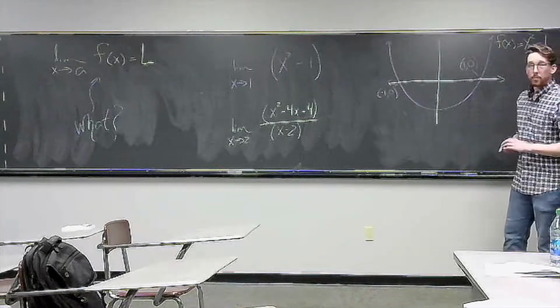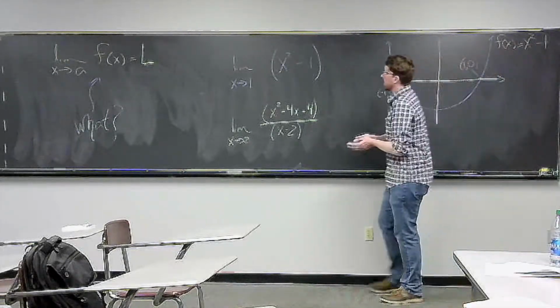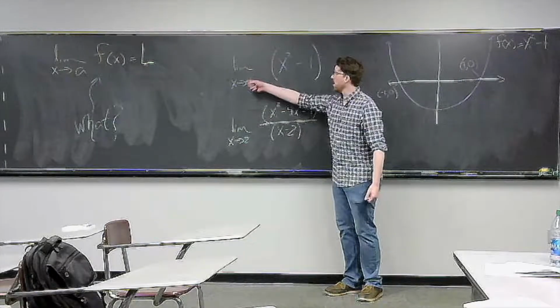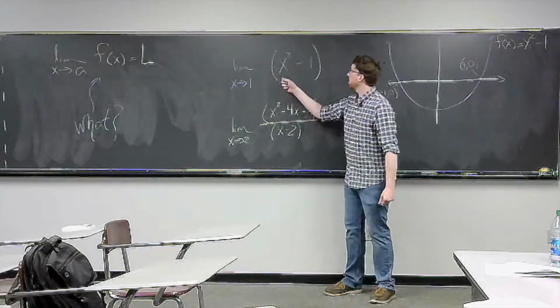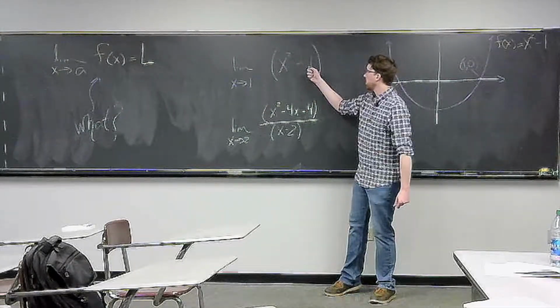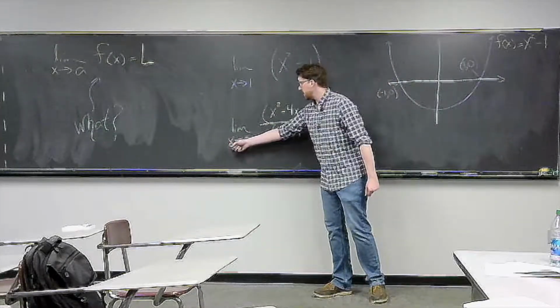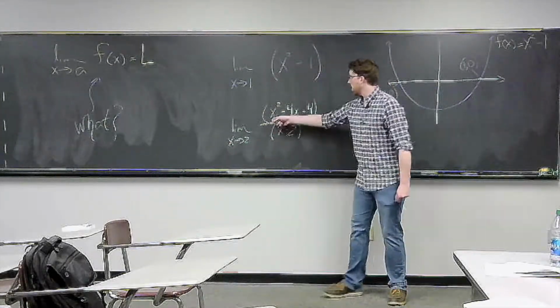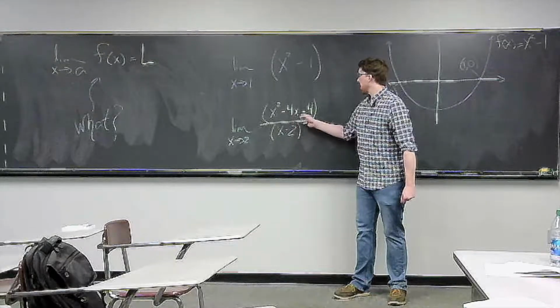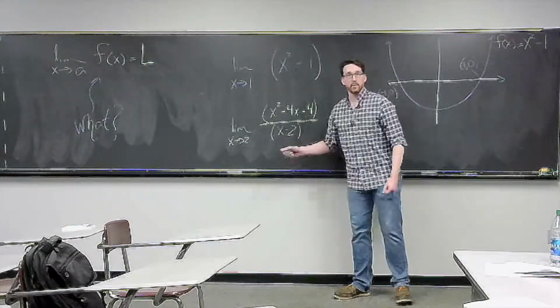Now to see two examples of this in real life, we've got the limit as x approaches 1 of x squared minus 1. Then we have the limit as x approaches 2 of x squared minus 4x minus 4 divided by x minus 2.